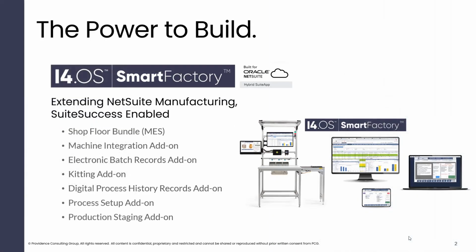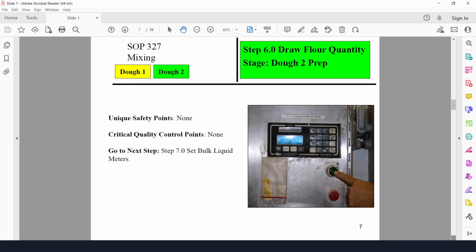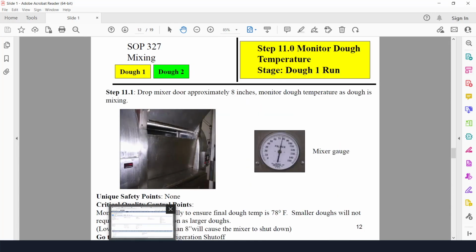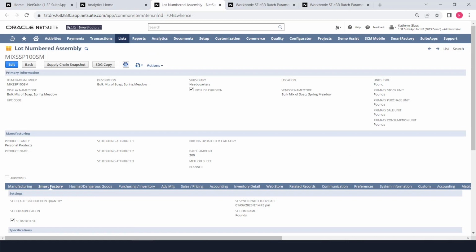In this video, we'll provide a quick illustration of how the electronic batch record rounds out the batch management trifecta that includes kitting and batch management for those customers that have regulatory compliance needs. When customers have very explicit protocols or SOPs, SmartFactory is the enabler to record all of that process control on a per batch basis.